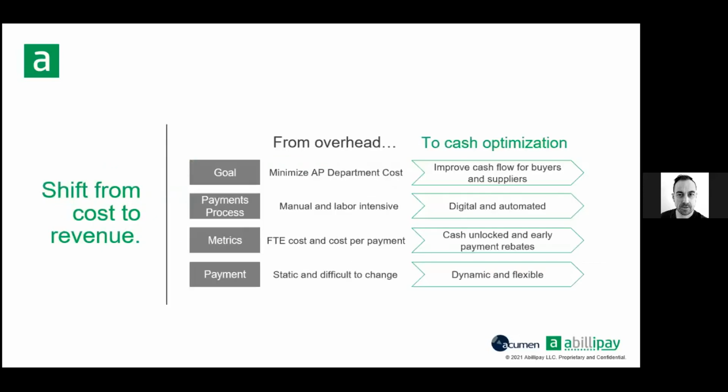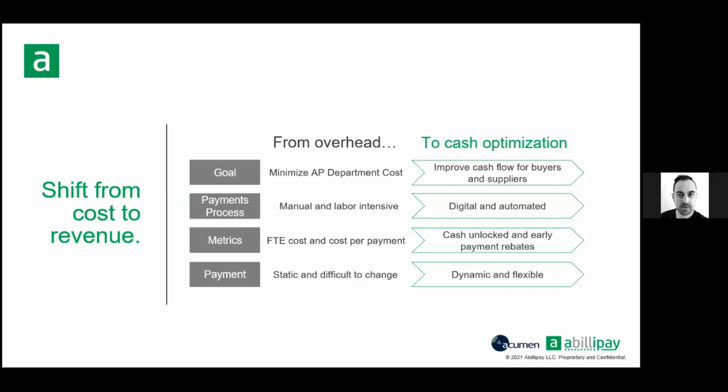And so what we're able to do essentially is to move companies from what's essentially overhead in AP to turning AP into somewhat of a revenue center. Generally, we provide statements to clients quarterly, and those statements are usually cash flow positive because the nominal fees that we charge for other services, for things like check and things like ACH, are generally far outweighed by the cash back that they're earning through our program.